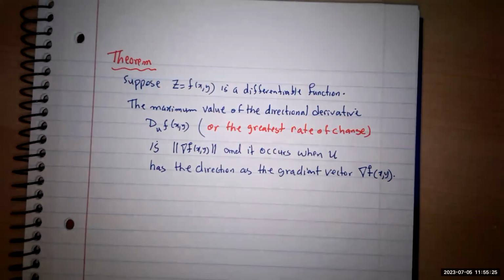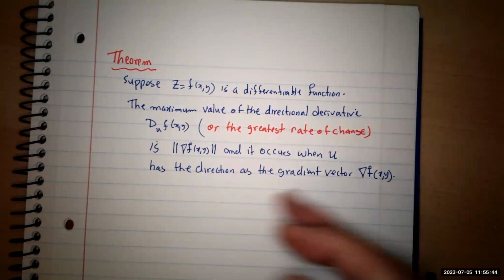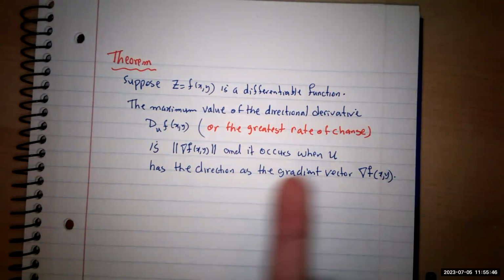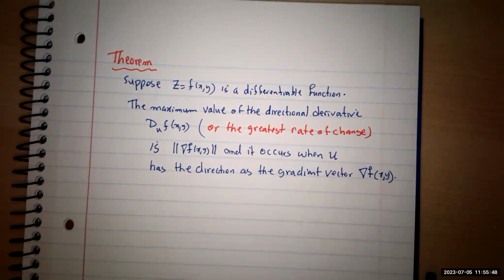So basically you find the gradient of f at that given point. The norm of the gradient of f gives you the maximum value, and the gradient of f as a vector gives you the direction. If you want to normalize it, get the unit vector, since it's in the same direction that we talk about.